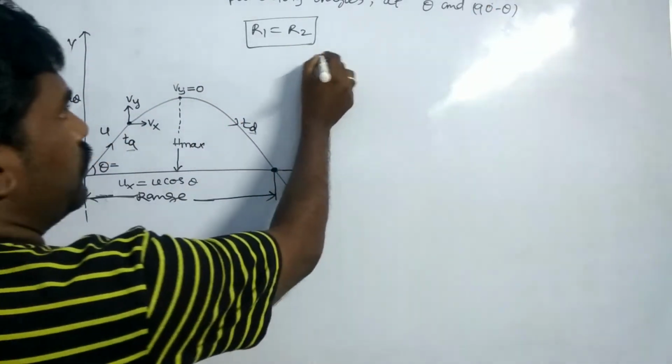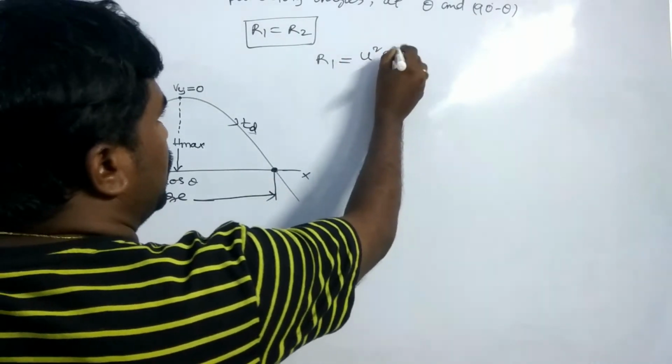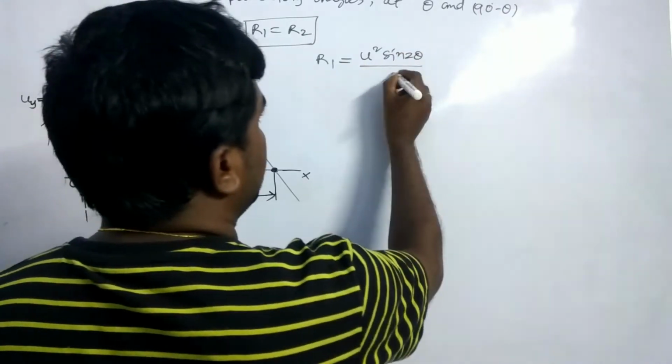So the range of a projectile R1 is equal to u square sine 2 theta by g.